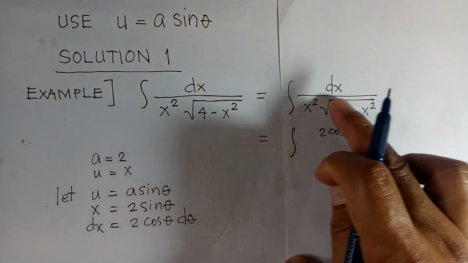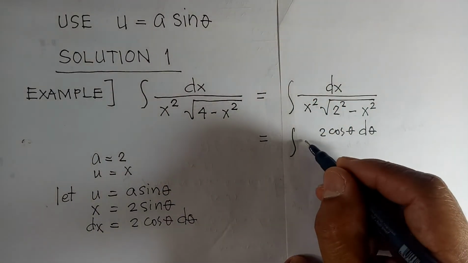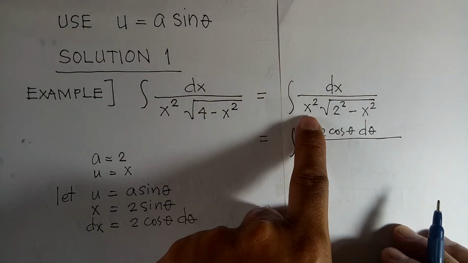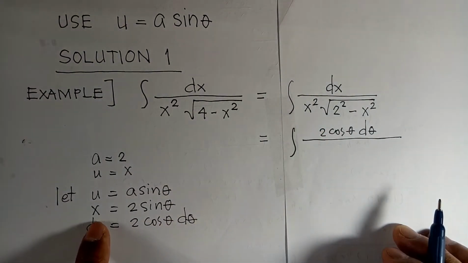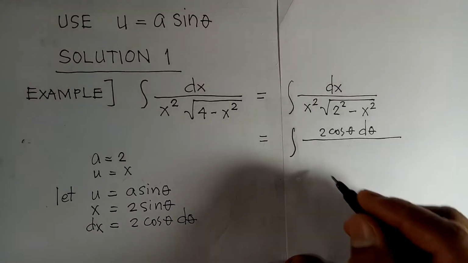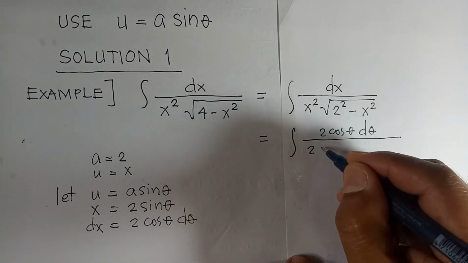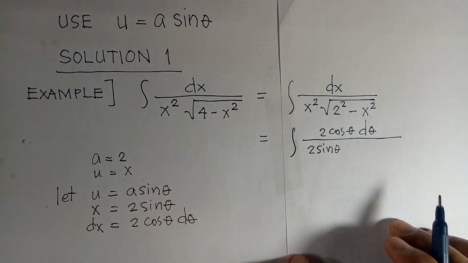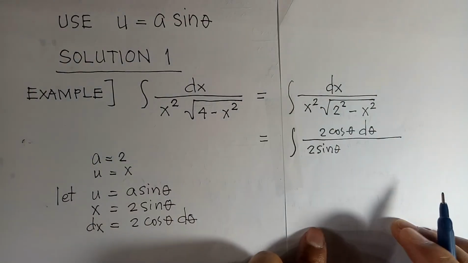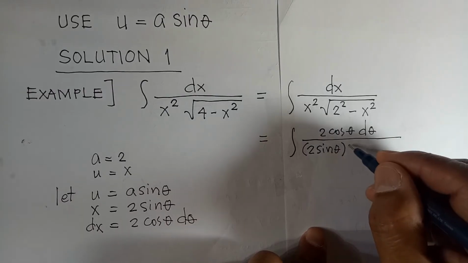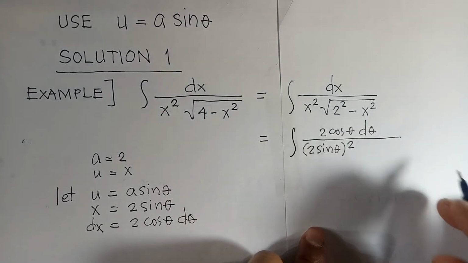Tapos meron tayong division line. So guhit natin yung division line. And then we have x. So yung x na yun equals sa 2 sine theta. So kapalitan siya ng 2 sine theta. Ngayon, yung x ay naka-squared. Kaya ang gagawin natin ay i-squarein din natin itong 2 sine theta.